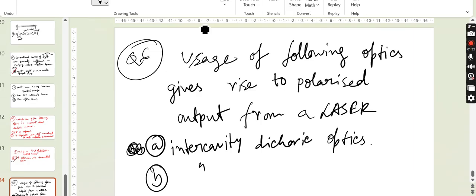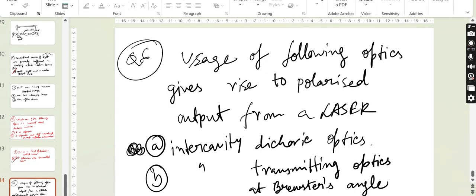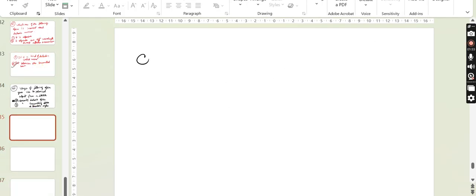Intracavity transmitting optics at Brewster's angle, actually it does. Transmitting optics at non-Brewster's angle doesn't give it. So this is the answer basically.